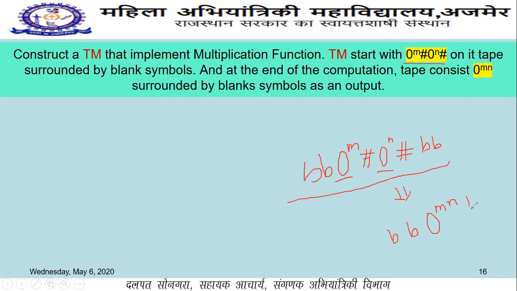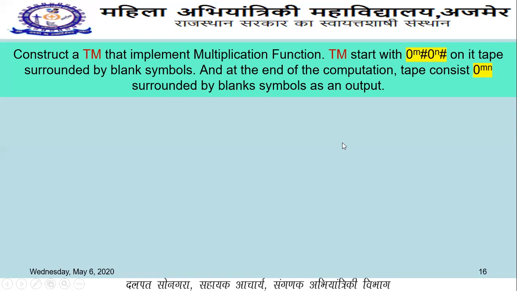This is our output and this is our input. So we have to construct a Turing machine that takes this input and processes it into that. Let us discuss how we do this.